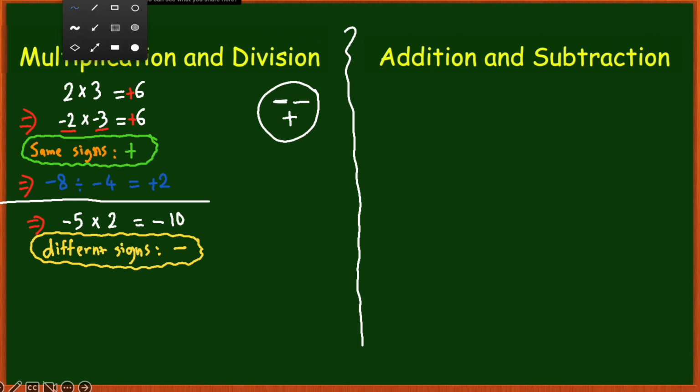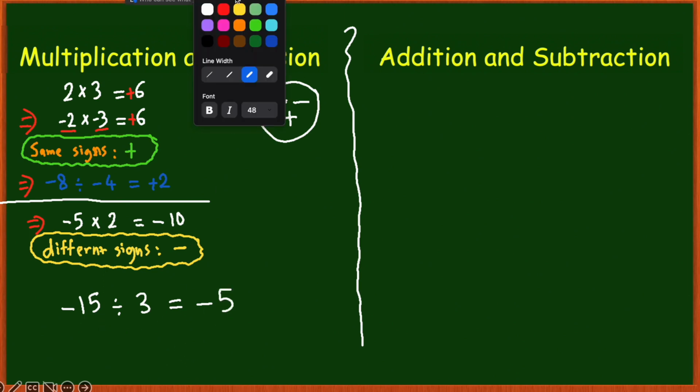Let's write the following example as -15 divided by +3. Well, we can follow the rules and say, okay, the 15 here is negative and the 3 is a positive. So they do have different signs, so the answer must be a negative answer. And then we divide normally. 15 divided by 3 is just a 5.